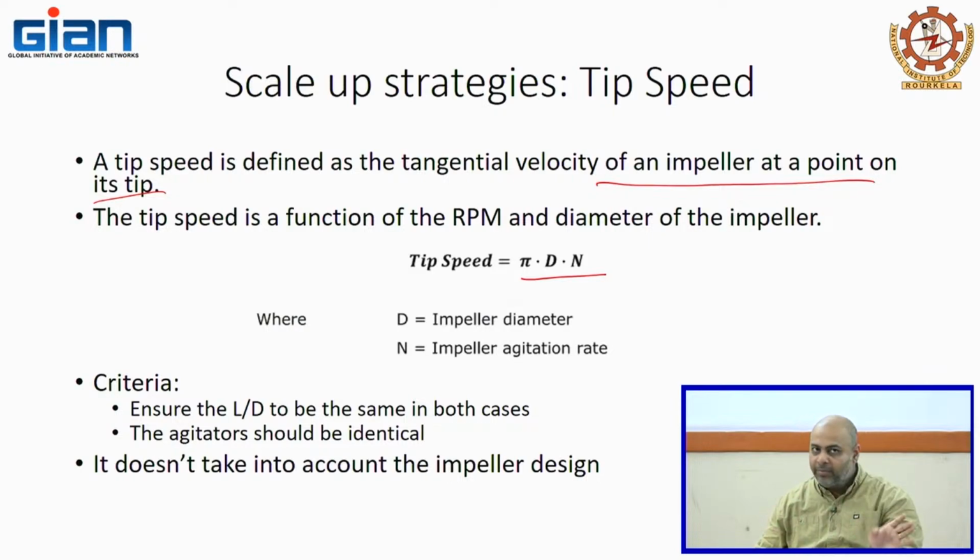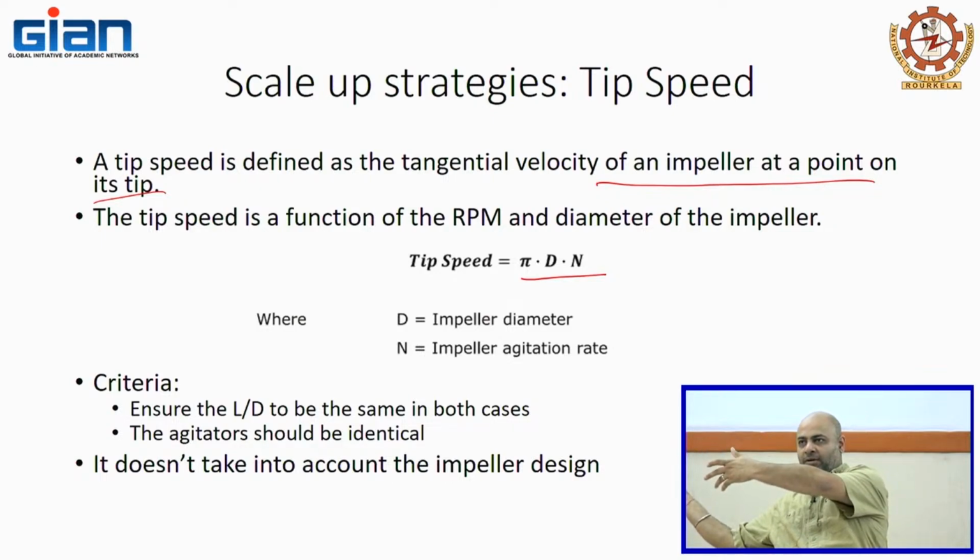They might not be identical depending upon how big an agitation system you go to or what type of design you had before. This one does not take into account the impeller design at all. So, if you have a specific impeller with a twisted hook at one end, you might want to have the same in the other one.